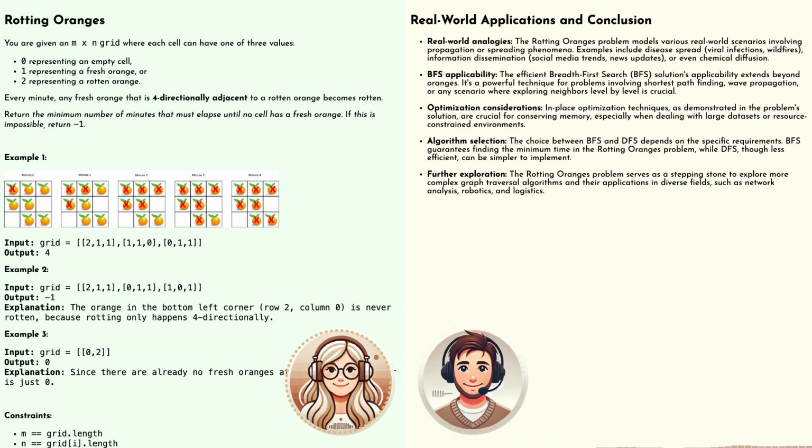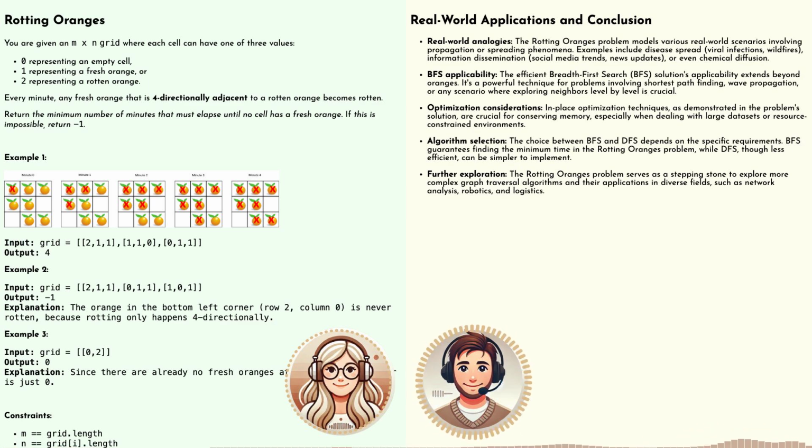Exactly. BFS could help us analyze how quickly information spreads, identify key influencers, and understand the dynamics of social connections. And in the case of a disease outbreak, BFS could help model the spread of the disease and inform strategies for containment. Exactly. It's a powerful tool for understanding and predicting the spread of anything that follows this kind of network-like structure.